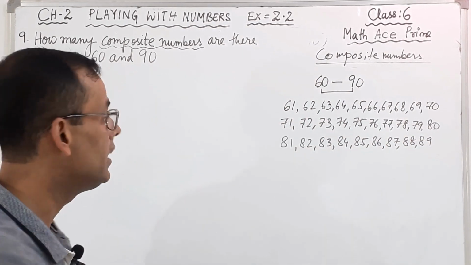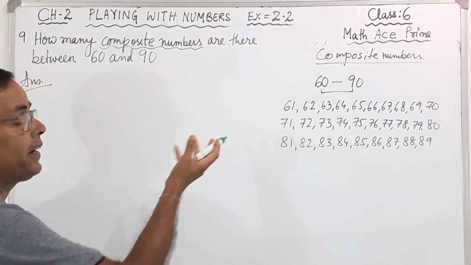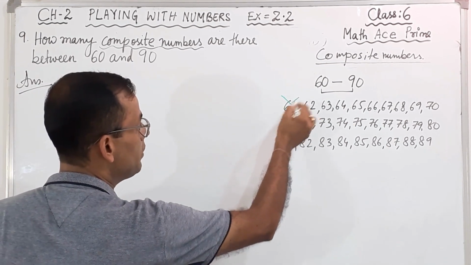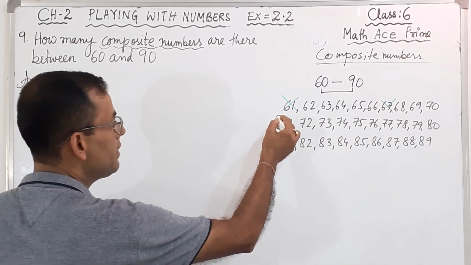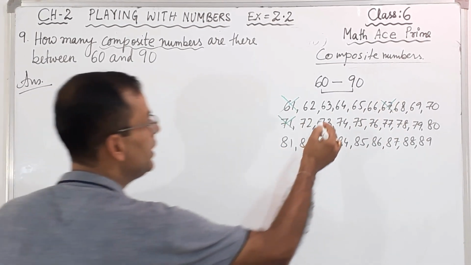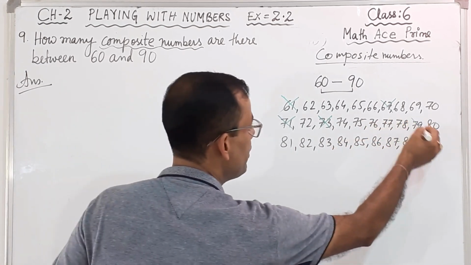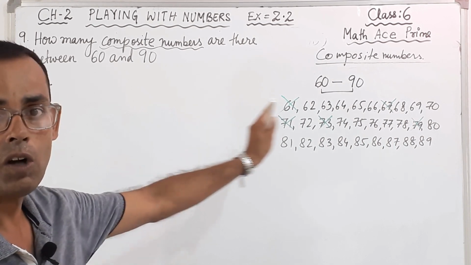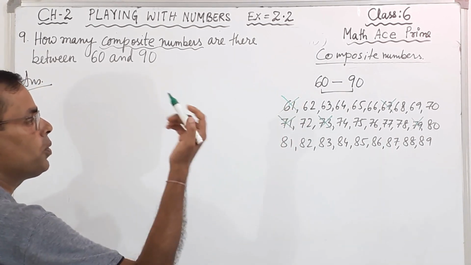These numbers are there. Now out of these numbers, which are prime numbers? 61 is a prime number, then 67 is also a prime number, then 71 is a prime number, then 73 is a prime number, after that 79 is a prime number. If you strike off the prime numbers, then you will get the composite numbers.